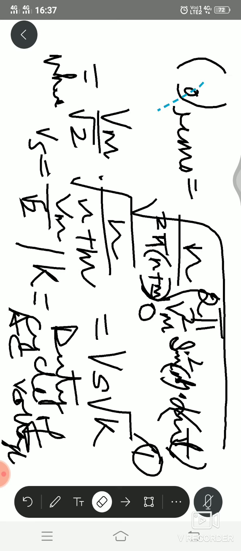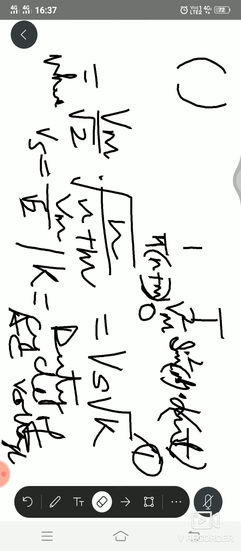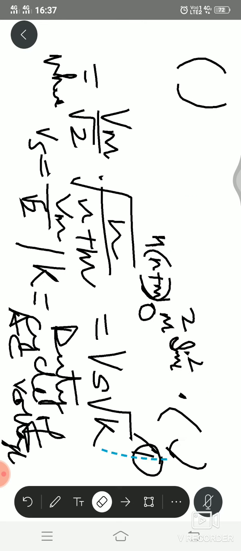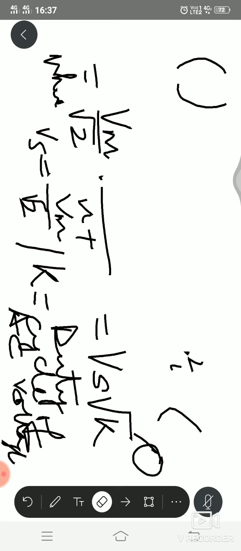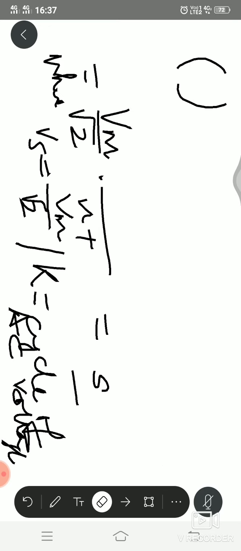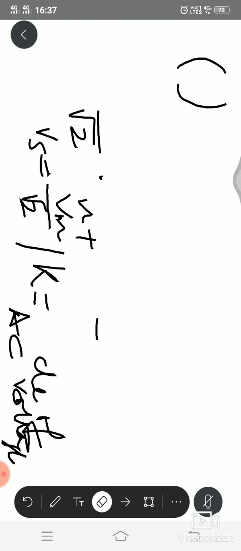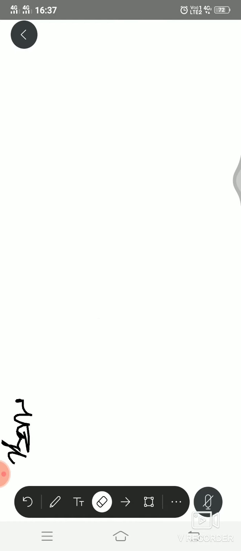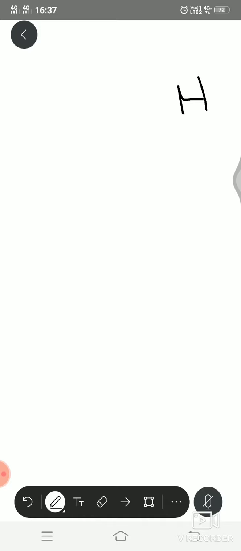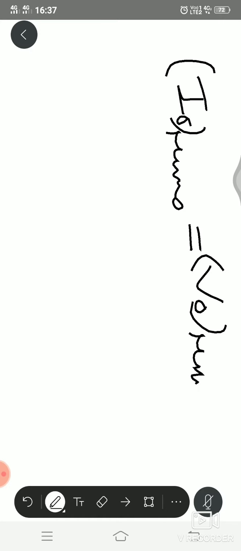Now I0, the RMS value of load current. I0 RMS is equal to V0 RMS by R load. Equation number 2.